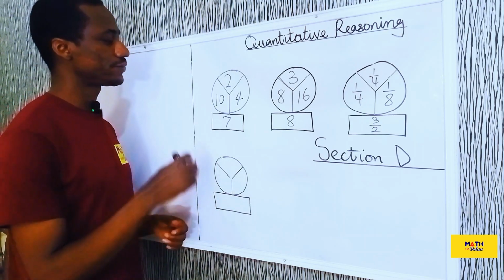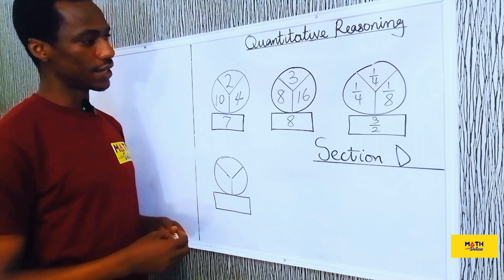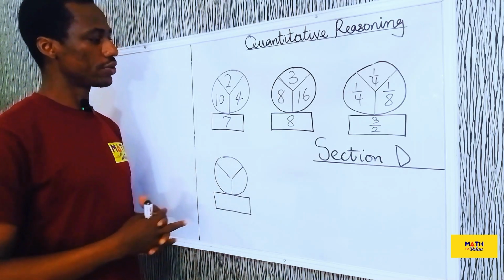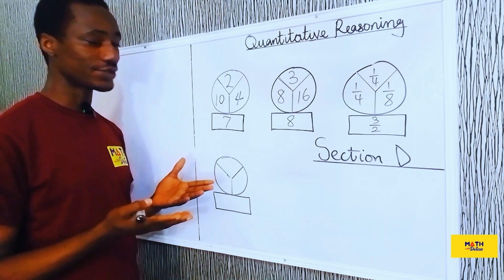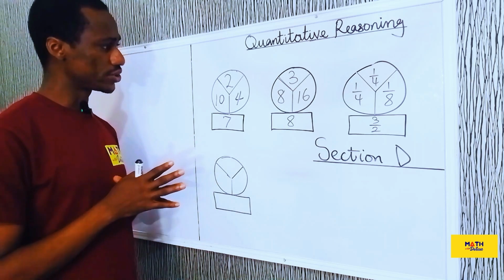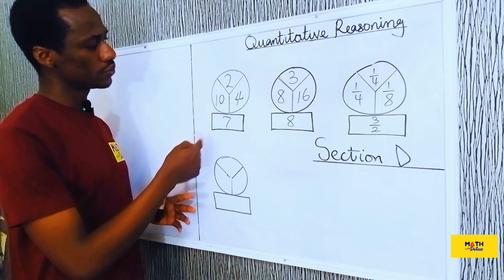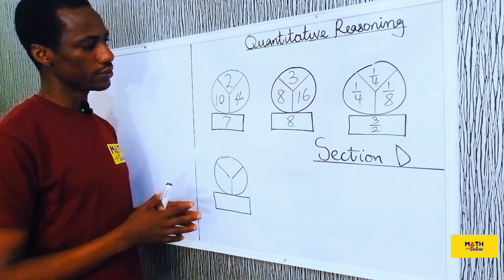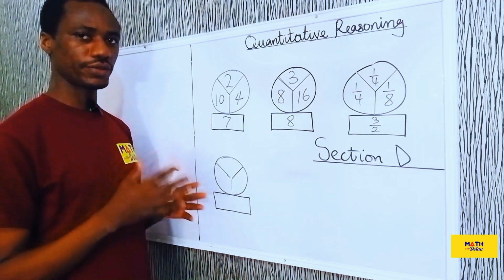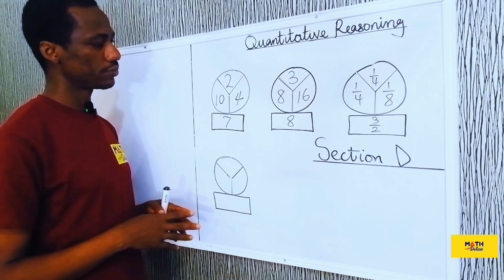Okay, so we have 2, 10, 4, 7, 3, 8, 16, 8, and the other one. I'll spend some time looking at it as fast as possible to see the quick connections I can have. So what can I do with 10, 2, 4, 12, 7? I can't really see anything at a glance.